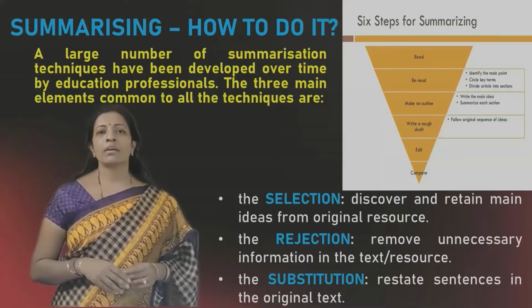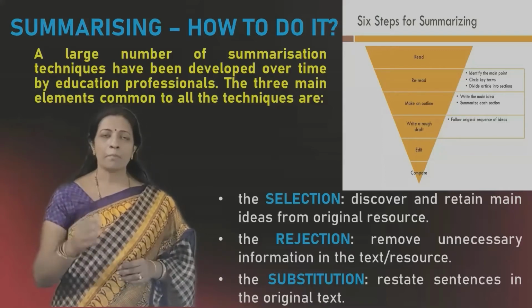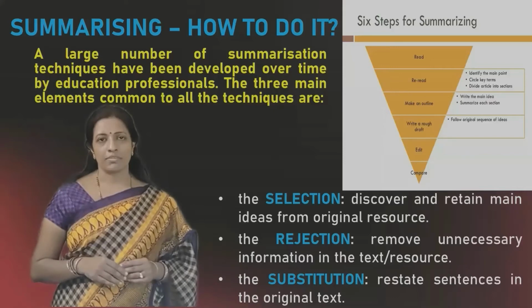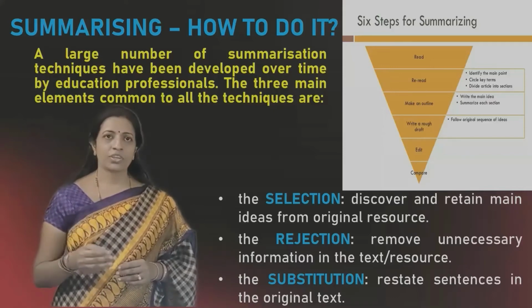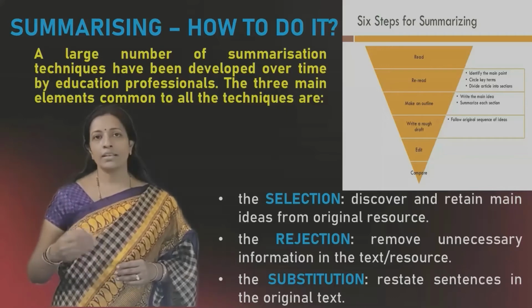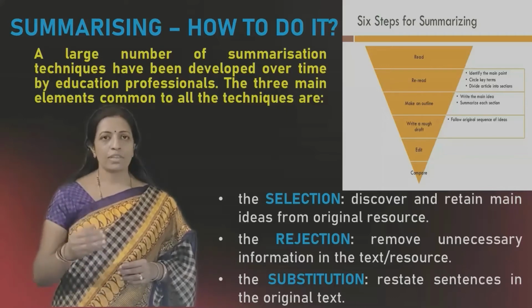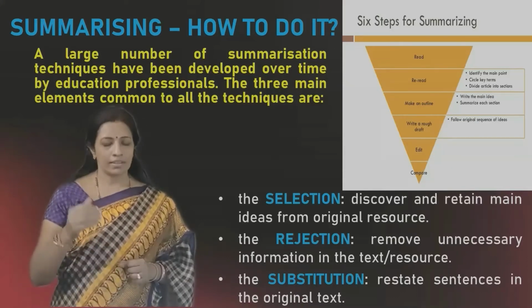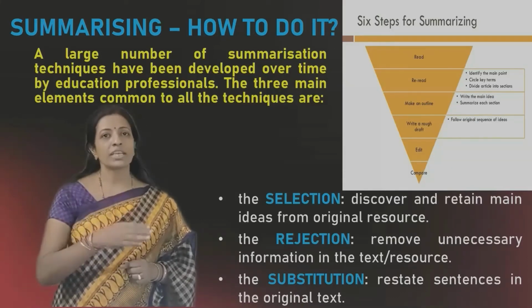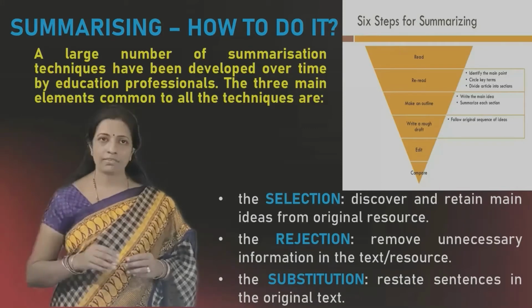But all these different techniques employ three main ways. What are those? Well, they are selection, rejection, and substitution. So first, you need to select the main points from the text. Secondly, you have to reject or remove all the unnecessary points.